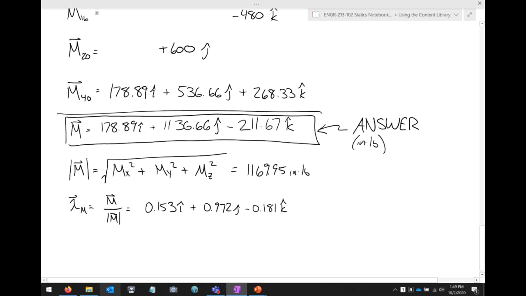Remember directional cosines? If I take the inverse cosine of each of these numbers, that's going to give me theta x, theta y, theta z, right?